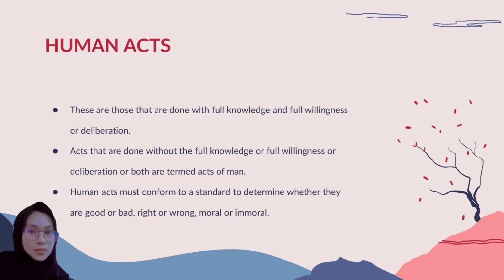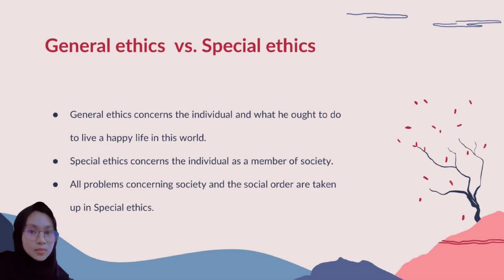General ethics versus special ethics. First, general ethics concerns what an individual ought to do to live a happy life in this world. Special ethics concerns the individual as a member of society. All problems concerning society and the social order are taken up in special ethics. General ethics is about the principles of morality.